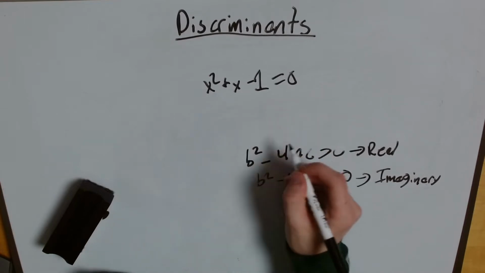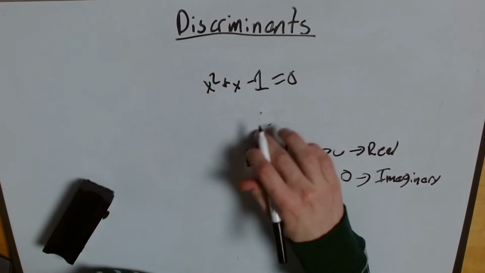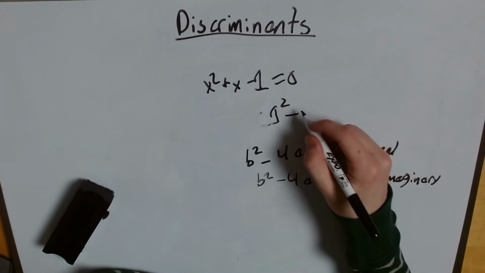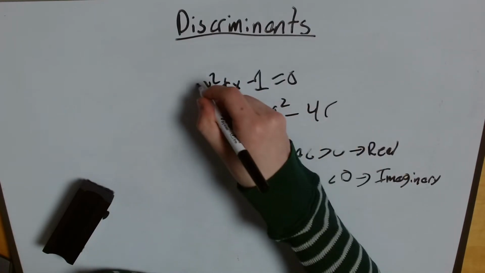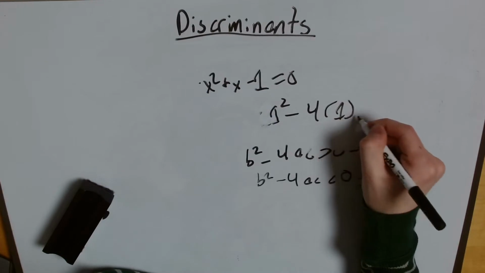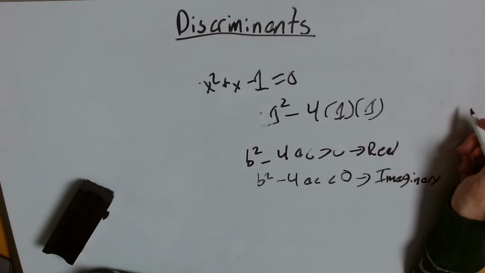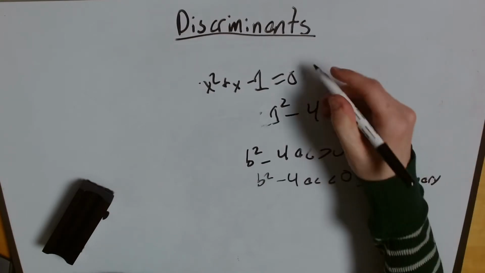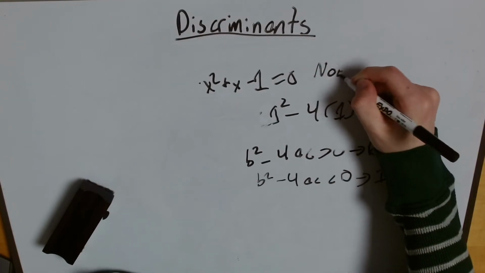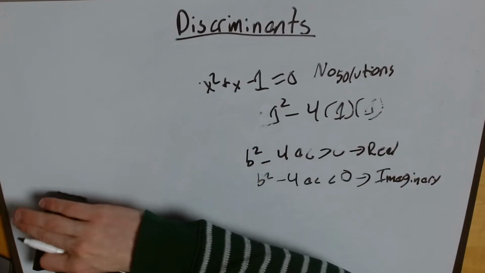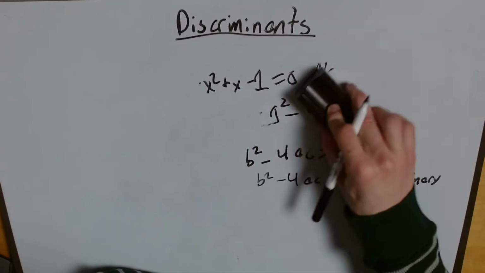Well, my b is just 1, so 1 squared minus 4 times a 1 in the a and a 1 in the c. So 1 minus 4, that's -3. I don't have any real solutions, so I would say no solutions or imaginary solutions, whichever your teacher prefers.